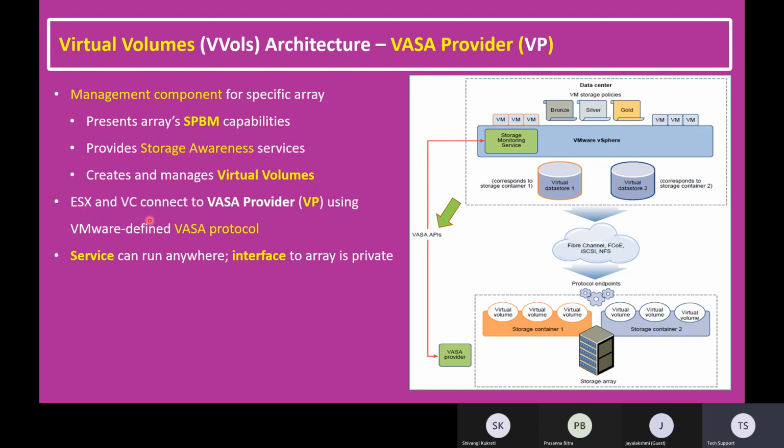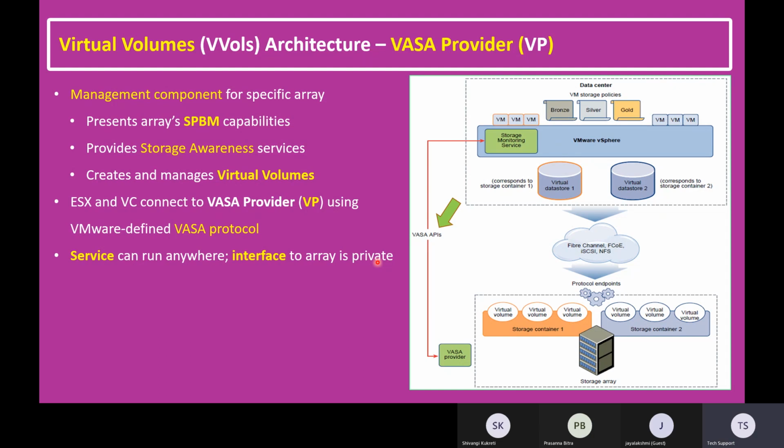ESX and vCenter connect to the VASA provider using the VMware defined VASA protocol. VMware supports the VASA protocol by default, and the services can run anywhere. The interface to the array is private. The VASA logins are dedicated only to our storage environment and vCenter environment. It cannot be public, so that's why the interface to the array is private.